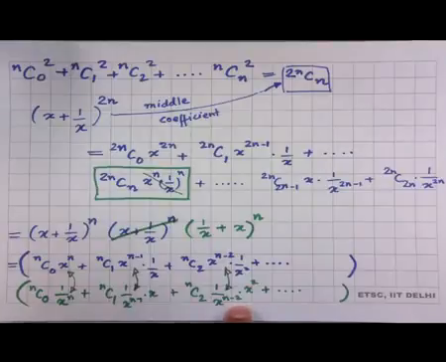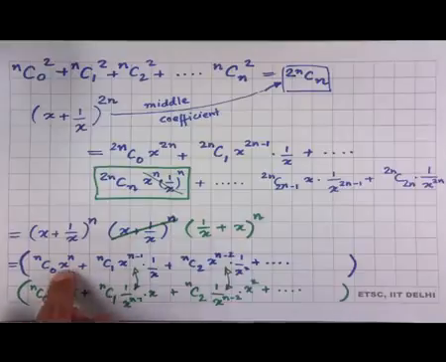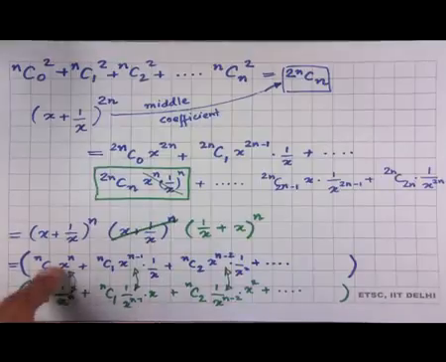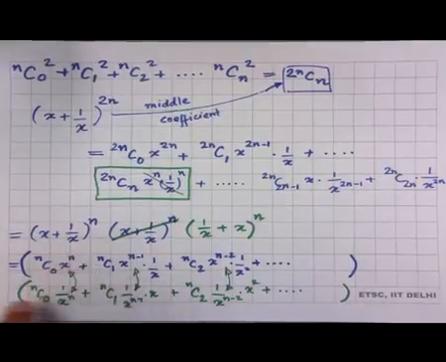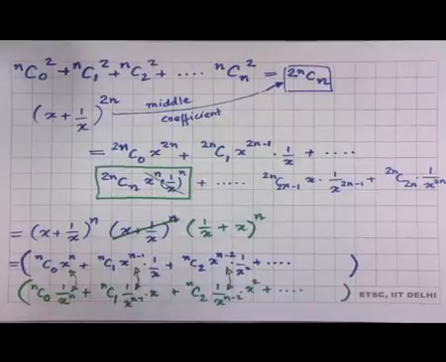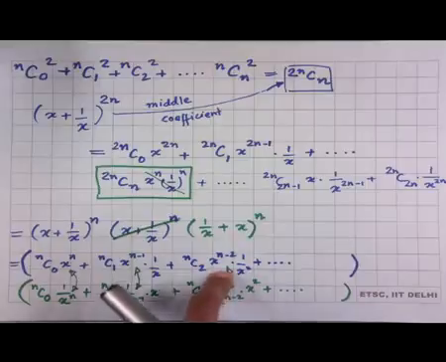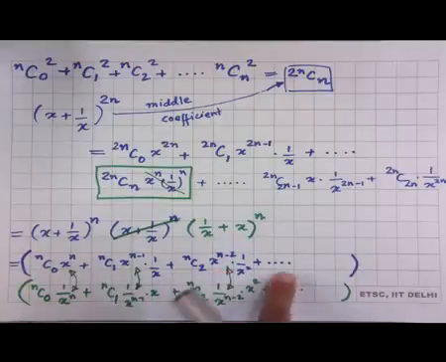The only way it is going to remain independent of x is if I multiply this term with the one right below it. So, NC0 x power n times NC0 1 by x power n, multiply them, it is independent of x. The term on the top times the term in the bottom, independent of x, and so on and so forth.